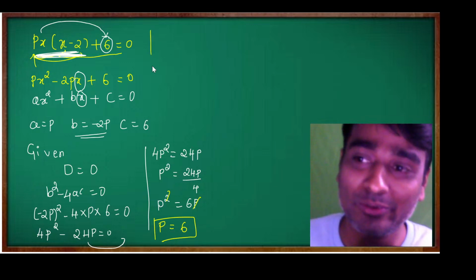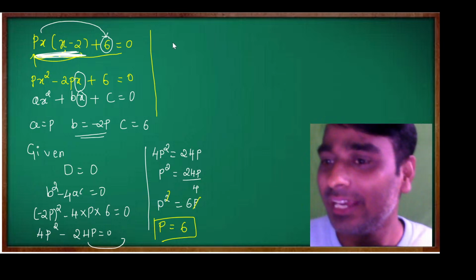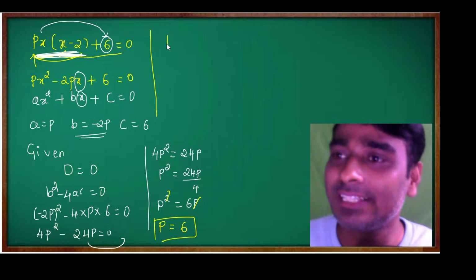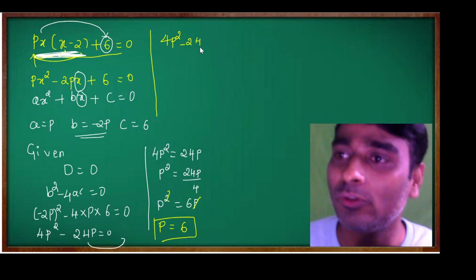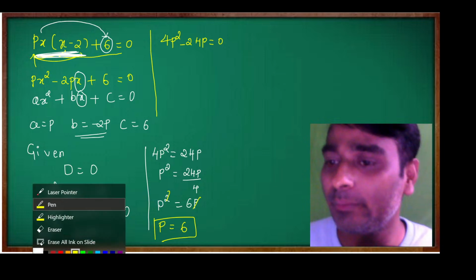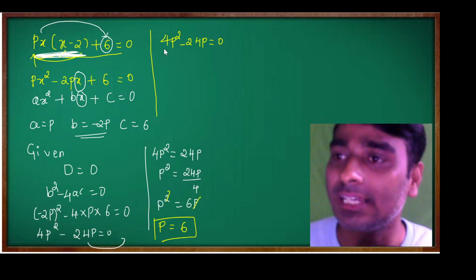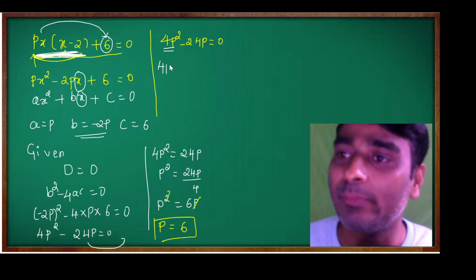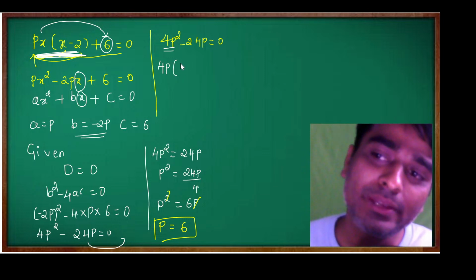I will show you one more answer. Now you will wonder. Suppose this is another answer: 4p squared minus 24p equal to 0. Now some of you might have taken common. See here, 4 common and p common. If 4 and p are common, here only p is remaining and here 6 is remaining.